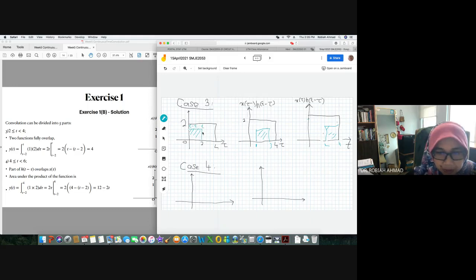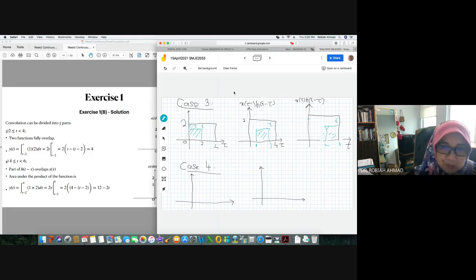So t starts to overlap at 2, and then it goes further, because this t is in front, until it approaches 4. Okay. So the two functions fully overlap between t and t minus 2, its range is between 2 to 4.